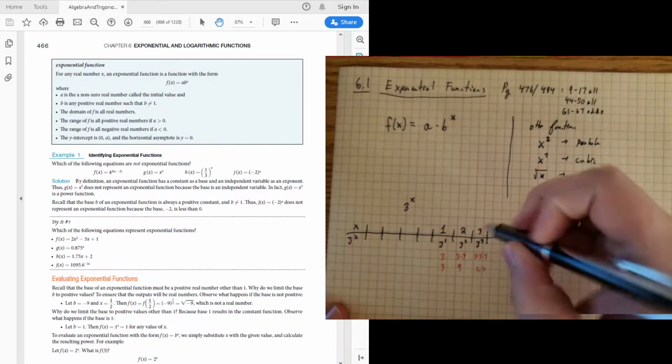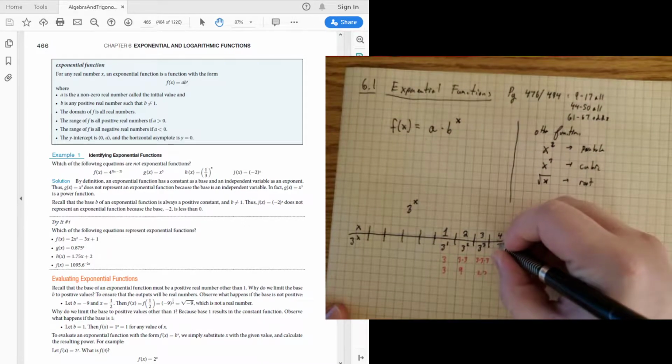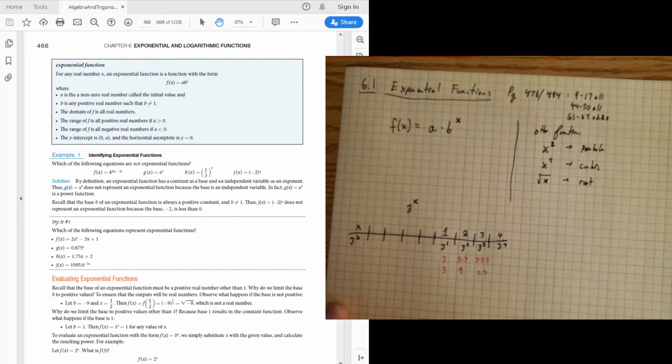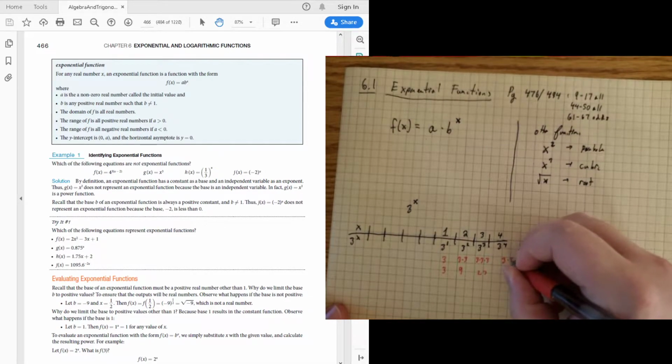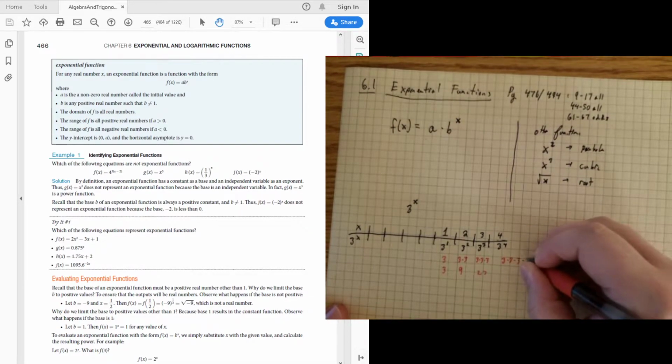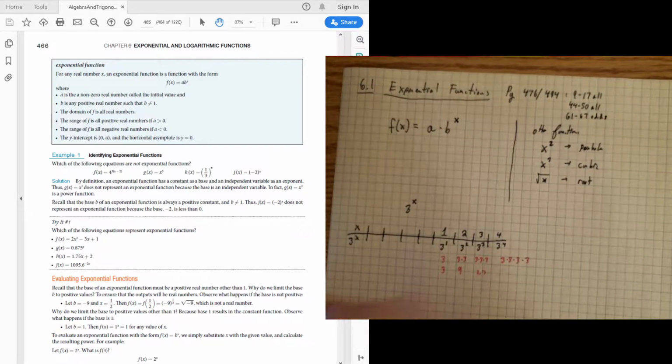If I do 4, I have 3 to the fourth power, which means the number 3 appearing 4 times, which is, of course, 81.